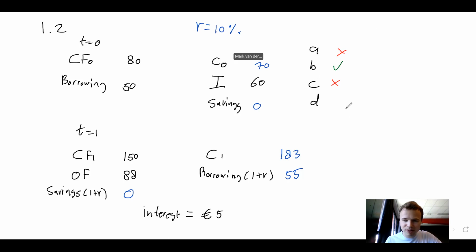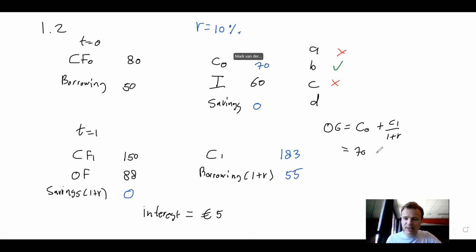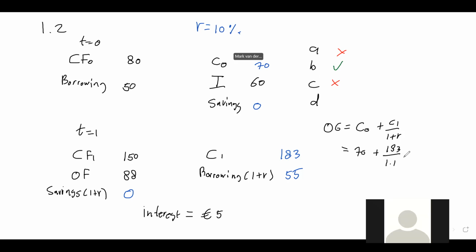OG. What was the formula for OG that we can use? C0 plus C1 divided by 1 plus R. Yes. Well, C0 is 70, right? And then 183 divided by 1.1. What do we get?